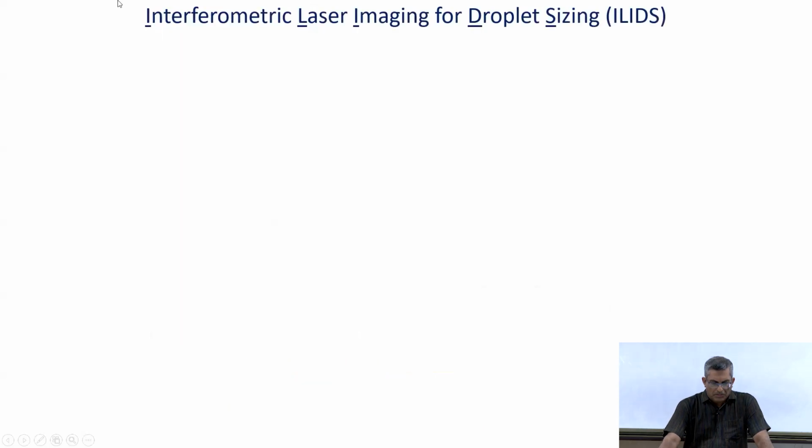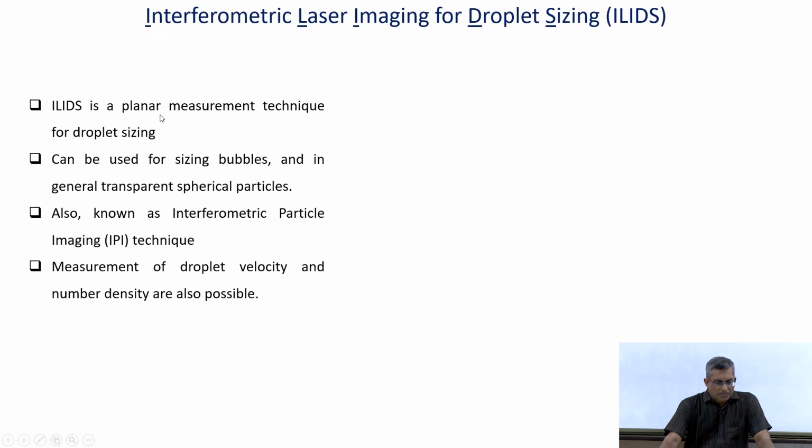So now we'll discuss interferometric laser imaging for droplet sizing, or ILIDS. ILIDS is a planar measurement technique for droplet sizing. We have seen that LDV is a point measurement technique, but PIV is a planar technique for measuring velocity.